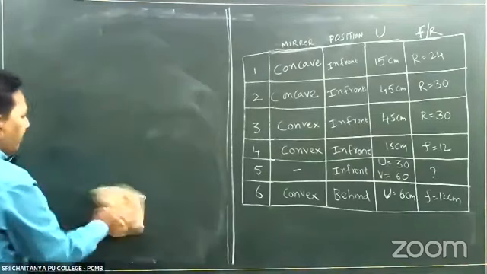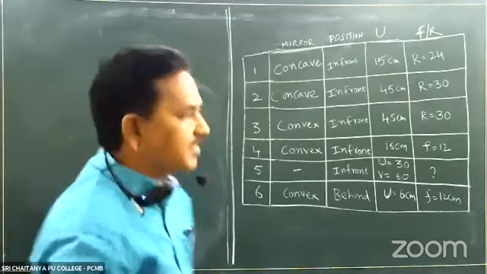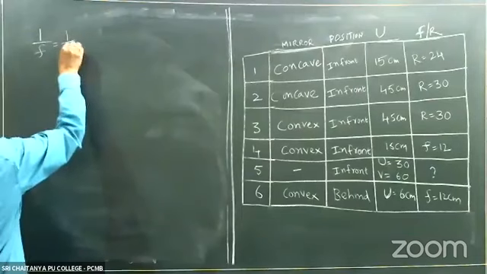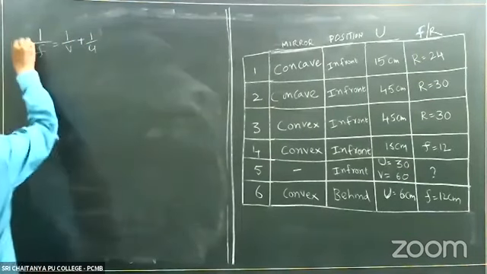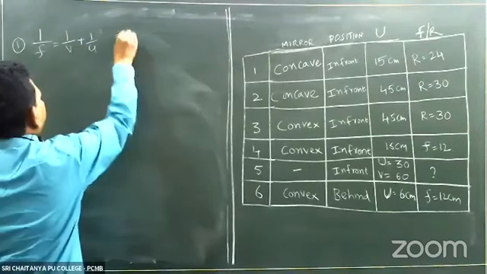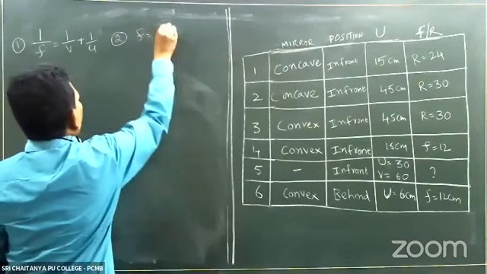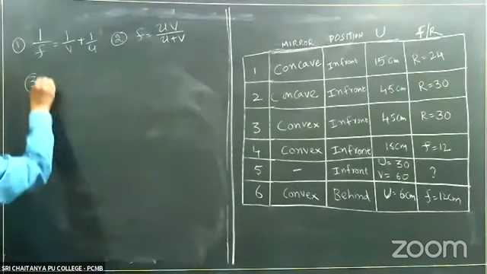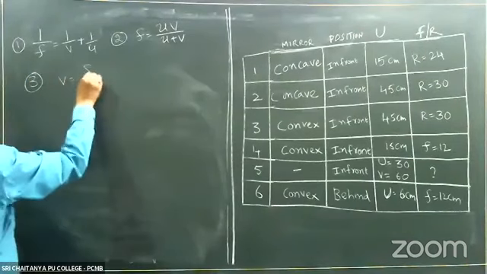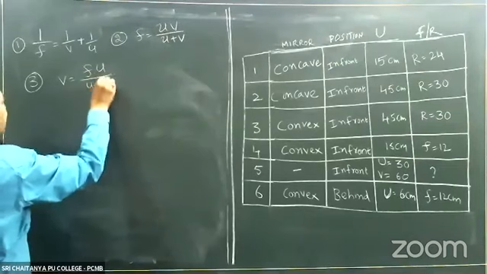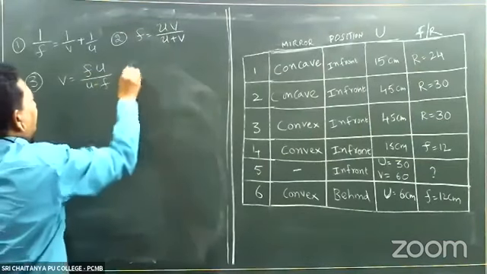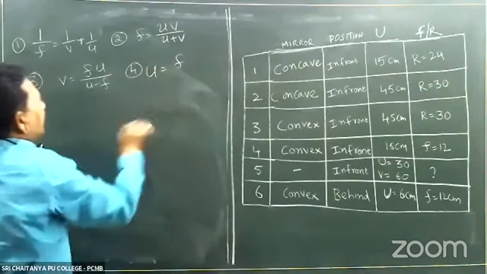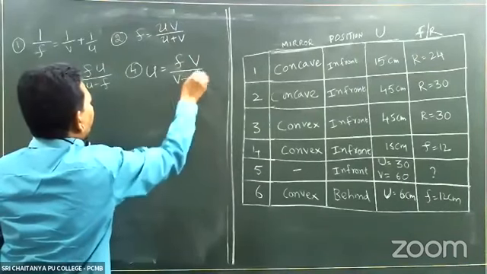I think yesterday it was clearly written and explained. First formula: 1 by F is equal to 1 by V plus 1 by U. Second: F is equal to UV by U plus V. Third: V is equal to F into U by U minus F. Fourth: U is equal to F into V by V minus F.